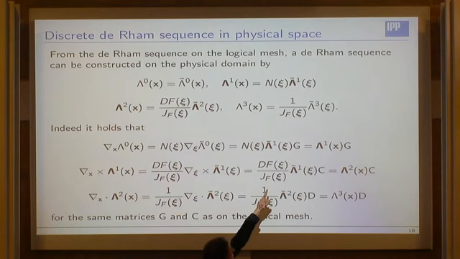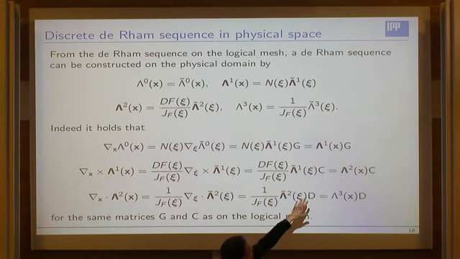So we have this equation, and now we see that this here is exactly how the one forms transform between the logical and the physical domain. So if we look at the first and the last thing in this equation, we have exactly the same property in the physical space.